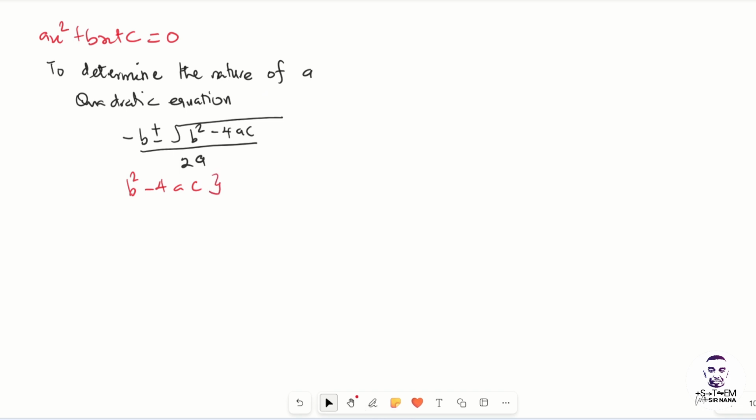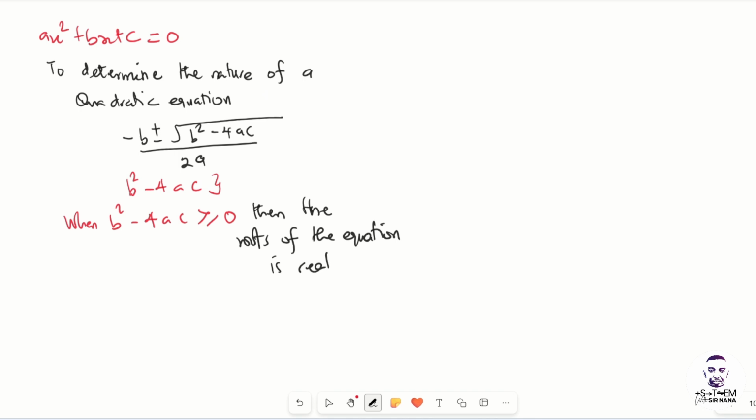quadratic equation. Now when b squared minus 4ac is greater than or equal to 0, then the roots of the equation are real.